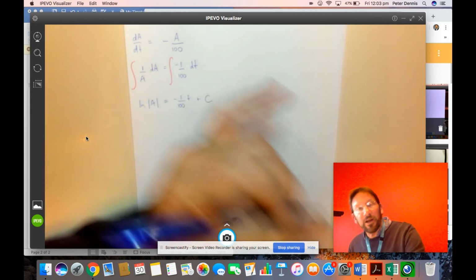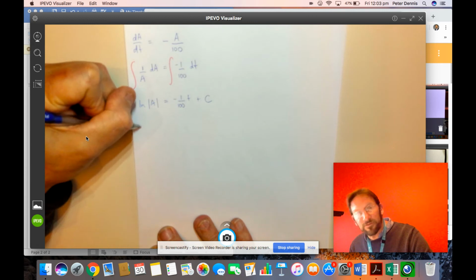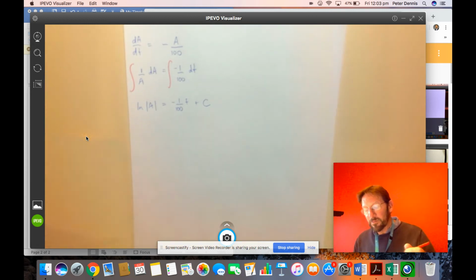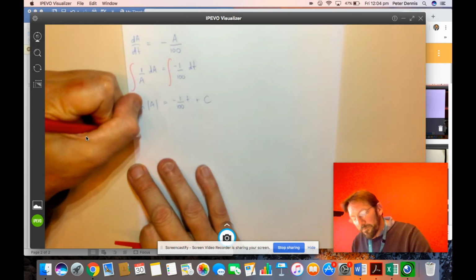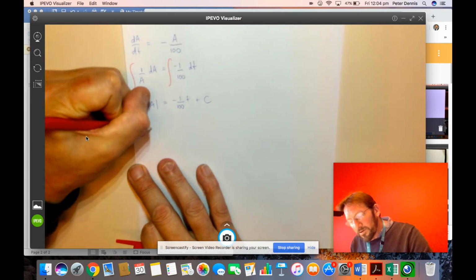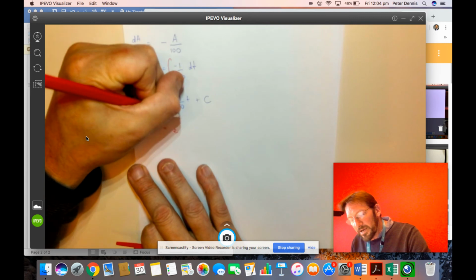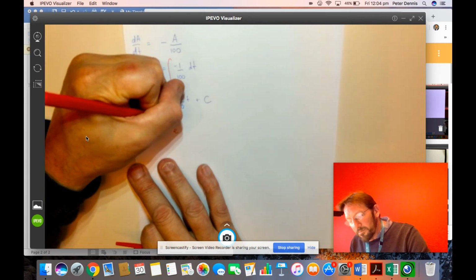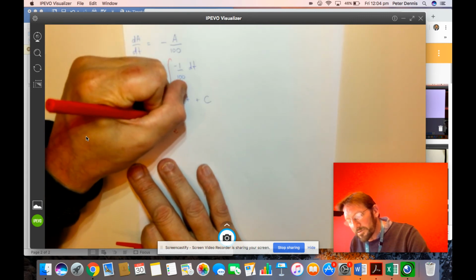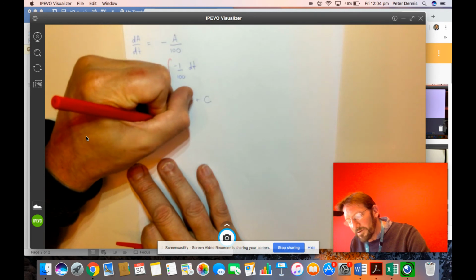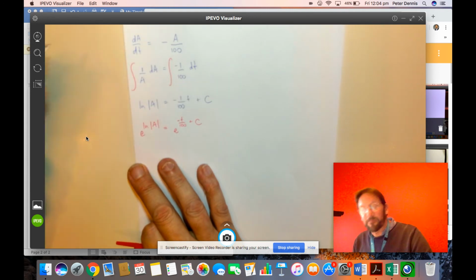We're going to put everything to the power of e, and I'll do this slowly because sometimes we do this very, very quickly. e to the power of log A is going to equal e to the power of minus t over 100 plus c.